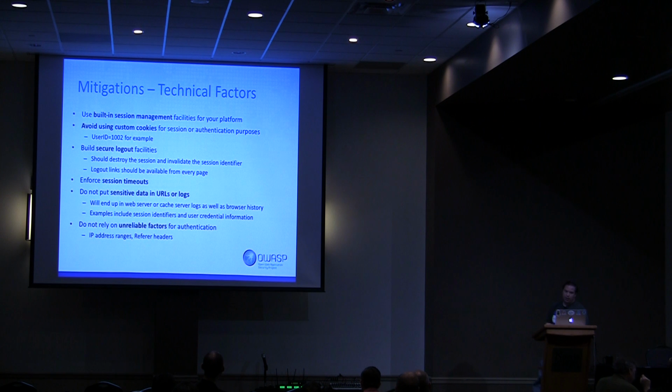So the last piece here, don't rely on unreliable factors for authentication. Sometimes it's tempting to be like, okay, that user is always going to come from this IP address, so I want to make sure that they're coming from that IP address, and I'll associate that with the username. This does two things. One, it breaks any time that user tries to go from another IP address, right?